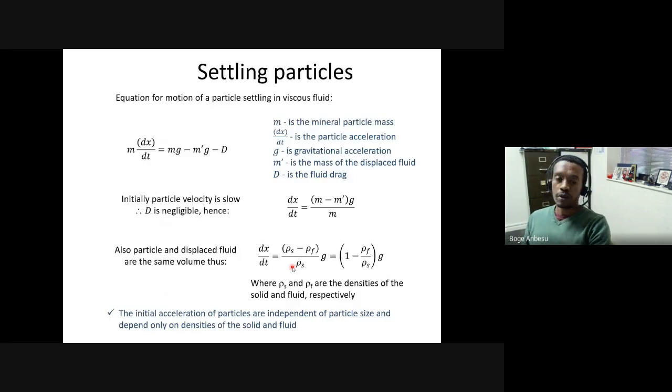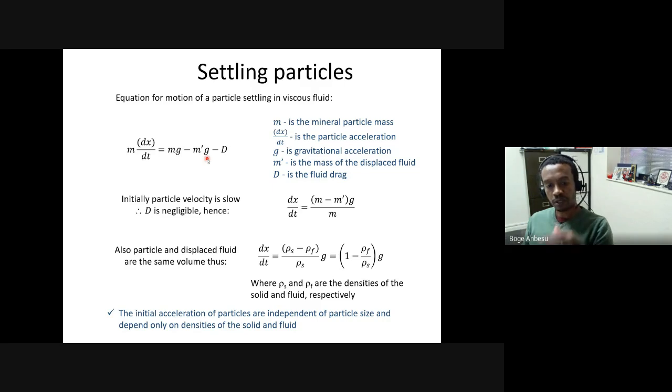Okay, so if now you assume a typical particle settling in a jig, you can work on particle acceleration, which can be given by this expression here, where dx by dt is simply the acceleration of the particle, and therefore m by the acceleration will give you the falling force, if you like, which is dependent on mg, which is obviously the gravitational acceleration of particles falling, and m prime g is the gravitational acceleration of displaced fluid.